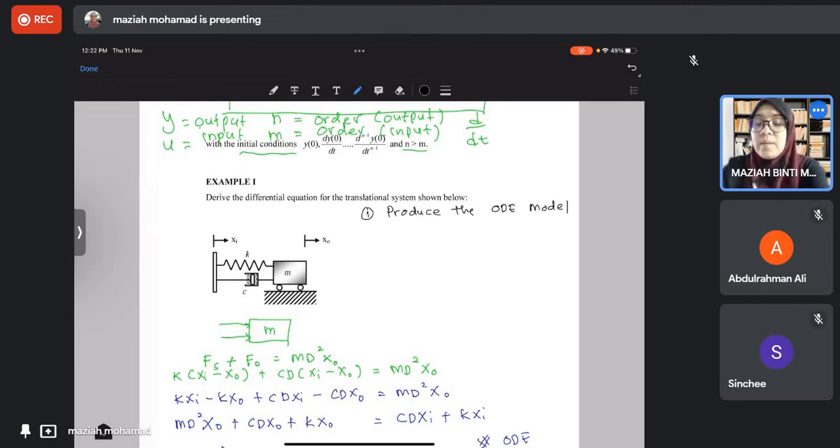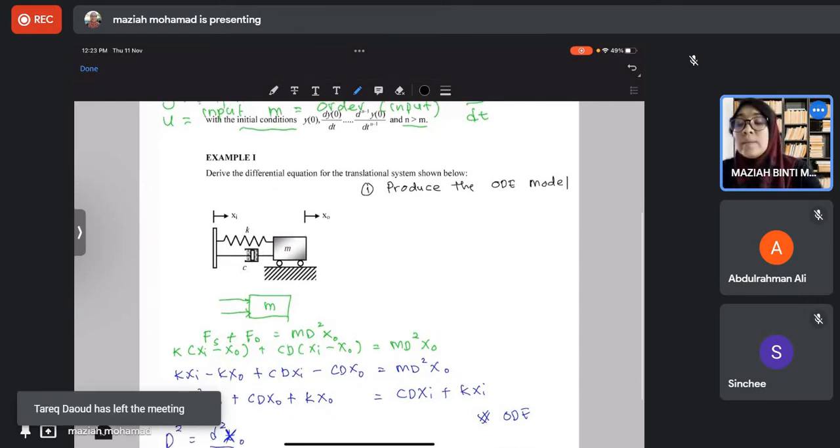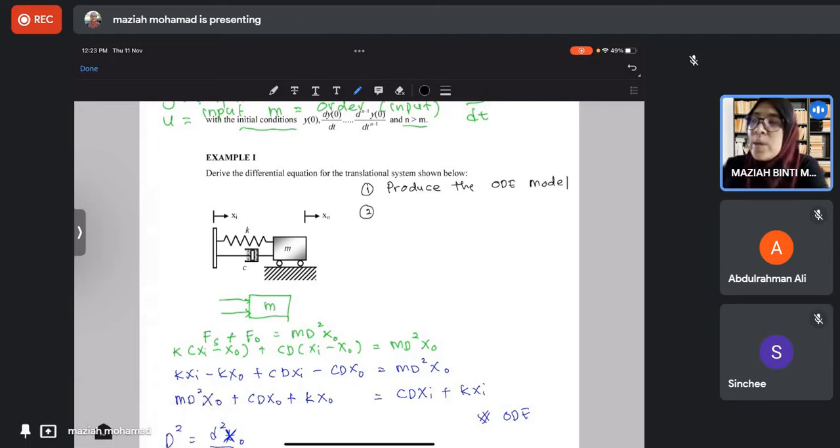Example one shows how to produce the ODE model. And the second one, we need to transform the ODE to Laplace.